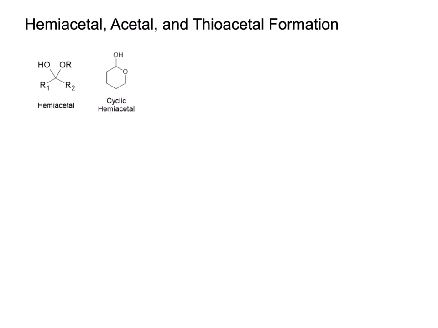A cyclic hemiacetal also has a carbon bonded to both an OH and an OR, but the OR is actually part of a ring. Cyclic hemiacetals are very important to understand, especially when you start learning about carbohydrates. Next up, we have an acetal. And an acetal takes the OH group that was present in the hemiacetal and also converts that into an OR group.